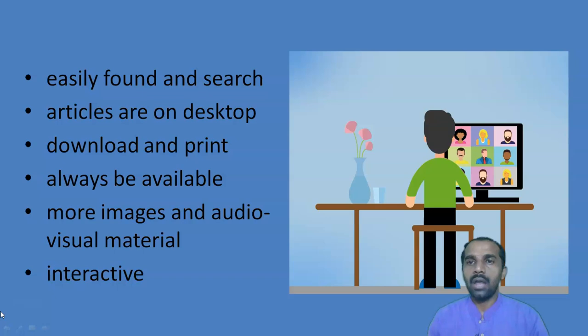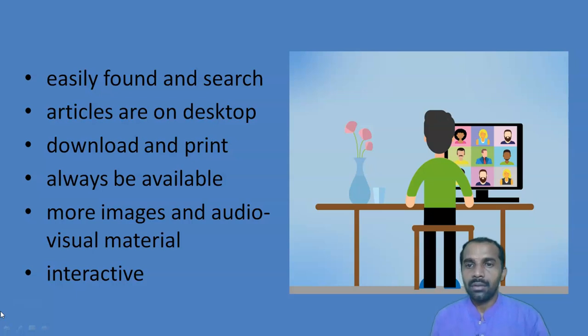Hypertext links allow you to move to different sections within individual journals or articles and can link you to related resources on the internet. Journals can include more images and audio-visual materials. Journals can be interactive.